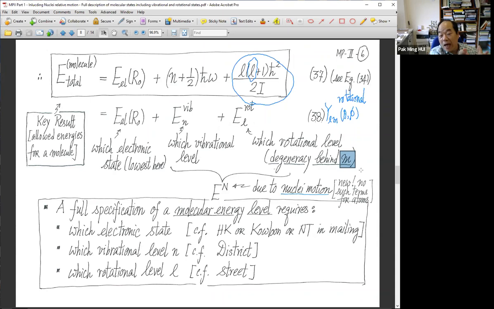So if you tell me L is 2, actually there are 5 states hidden behind this energy, degeneracy. For M can be 2, 1, 0, minus 1, minus 2, okay? So that's why I wrote down degeneracy behind M. That is what I meant by that, okay? So this is the whole story of addressing the energy of a molecule.